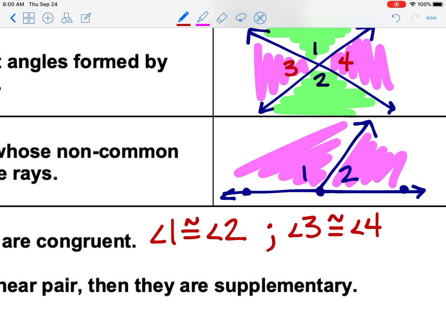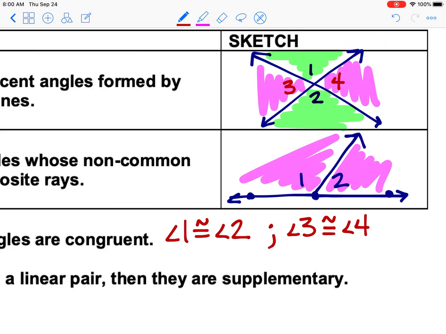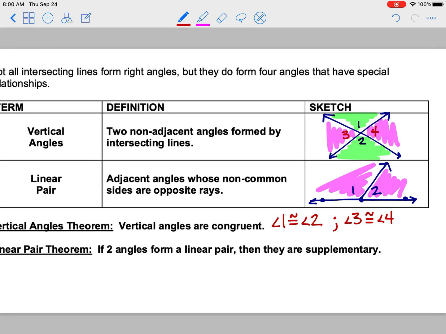Both of those sets are vertical angles, so both of those sets are congruent to each other. Okay, 1 and 2 are congruent to each other, and 3 and 4 are congruent to each other. So when you're working with vertical angles through this lesson and throughout the year, you're going to remember the equation part equals part. They're equal to each other. They're congruent. So that is the equation every time you use vertical angles.